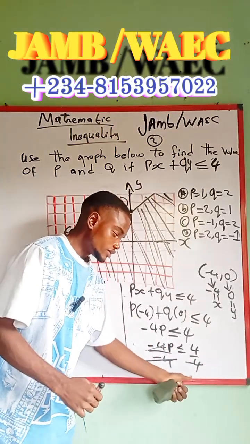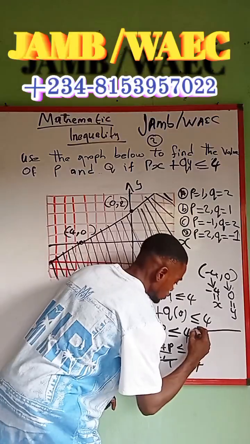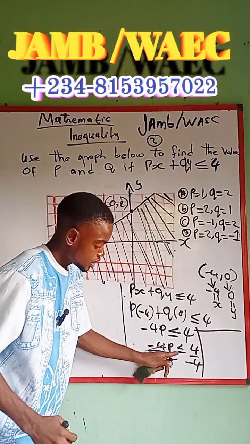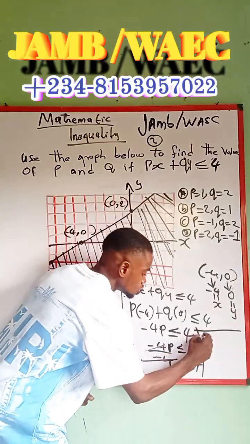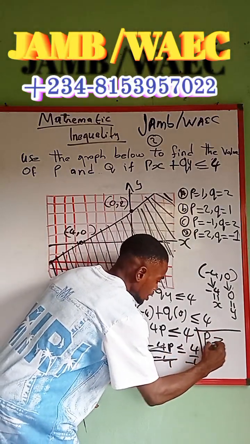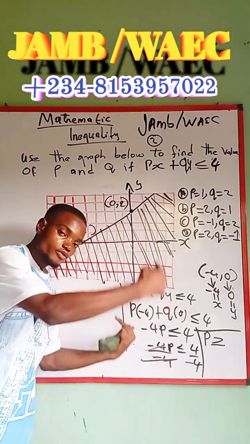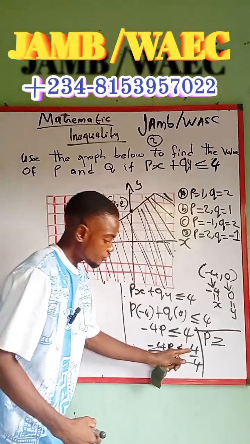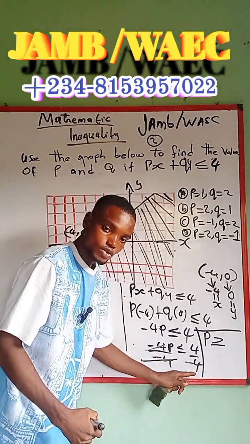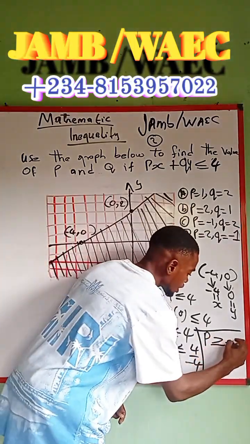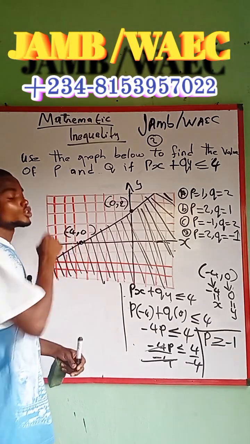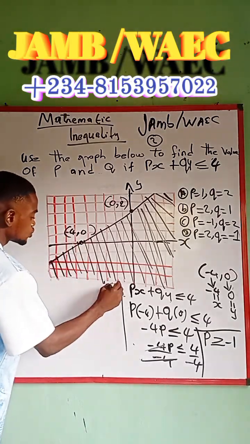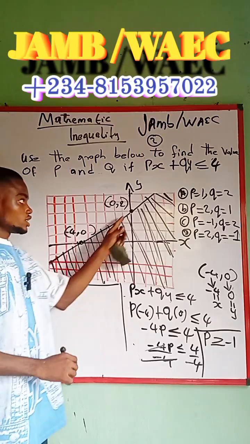So this expression was initially P is less than or equal to, but now I'm dividing with a negative number, it's now going to become P is greater than or equal to, the sign reversing. Now 4 over -4 is going to give us -1. So P is -1 at this point of intersection.